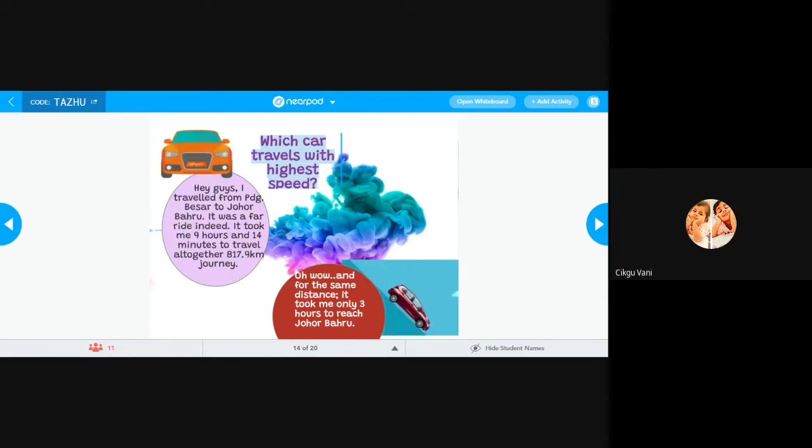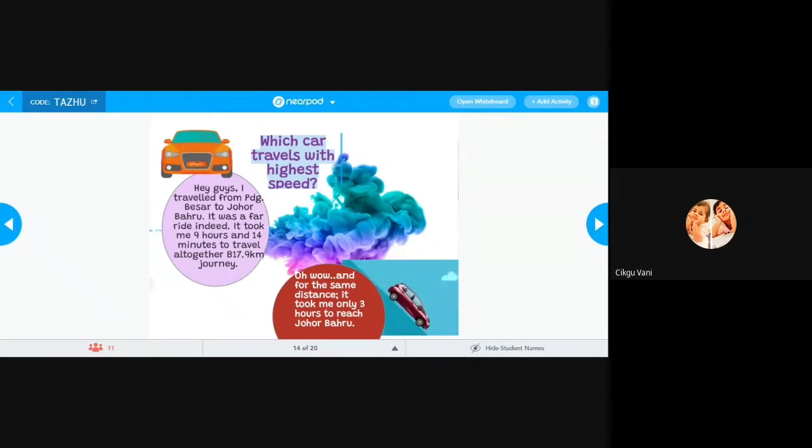Who's going to help me read the red box, the dialogue box? Someone please? Yes, go ahead. Oh wow, and for the same distance, it took me only 3 hours to reach Johor Bahru. Same distance, 817.9 kilometers. Both of them are travelling from Padang Besar to Johor Bahru, same distance.